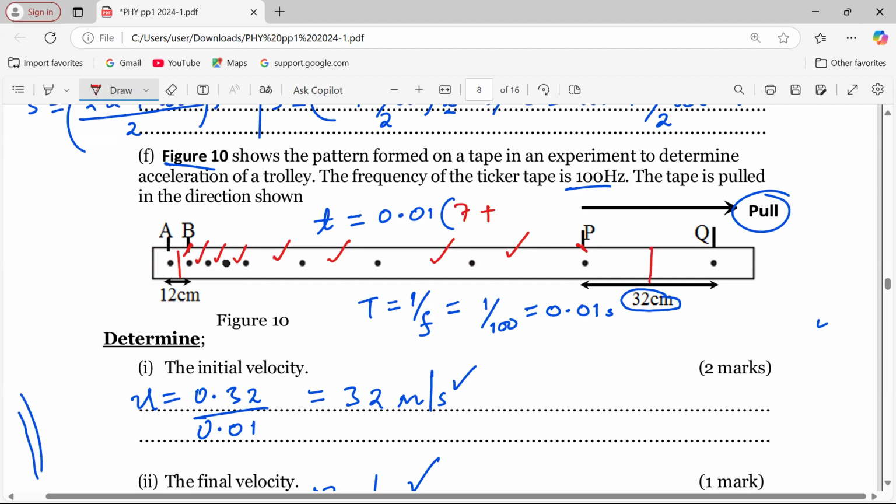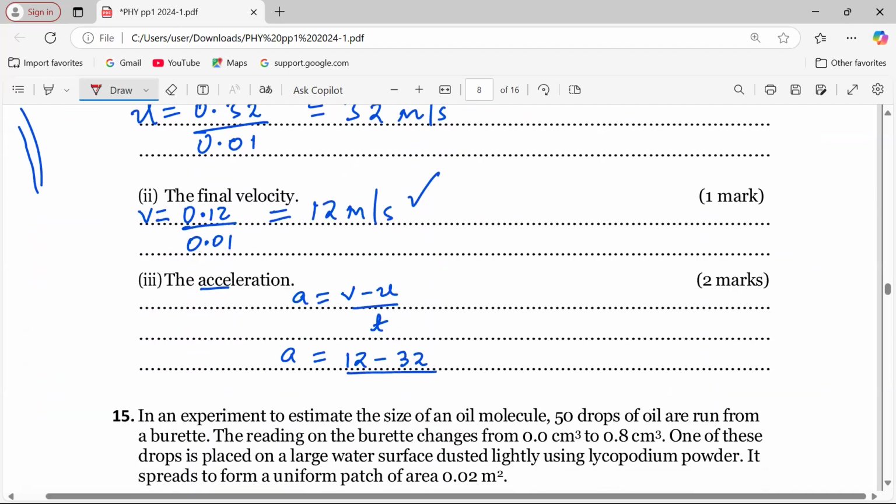Now we take their average, or rather we take the total spaces within the regions divided by 2. So we have 1 and 1 over 2. We take half a space from AB, half a space from PQ. That becomes a total of 1. So I'm getting now 8. So it will be 0.01 times 8.